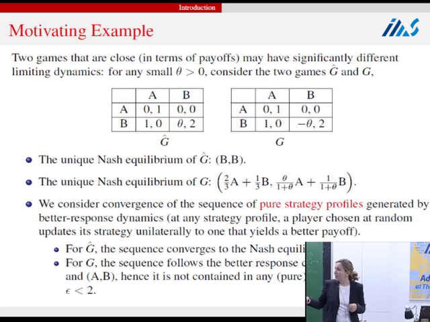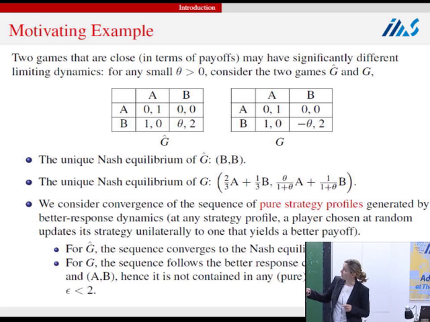If we apply this form of dynamics to these two games, we see that for G hat, the sequence converges to the Nash equilibrium BB, the unique pure Nash equilibrium, whereas in G, the pure strategy sequence follows the better response cycle, AA, BA, BB, AB, with equal frequency. So it's not contained in any pure epsilon equilibrium set for epsilon less than 2.